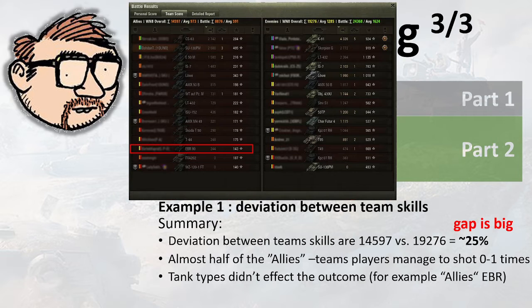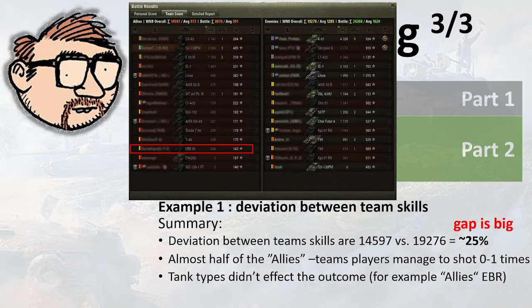It could be pretty high. In other words, EBRs are not the easiest tanks to start making a difference in battle. Looking at the experience of this EBR player, we can see right away that he didn't make a difference. He didn't spot. He didn't do the things he should have done.